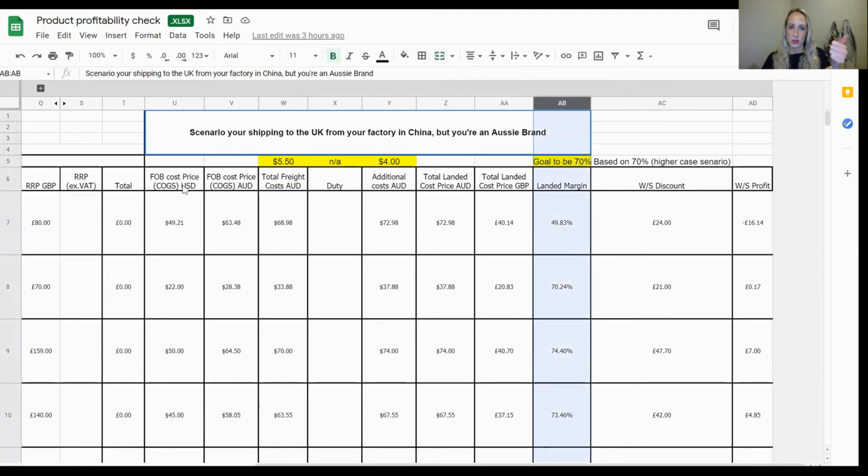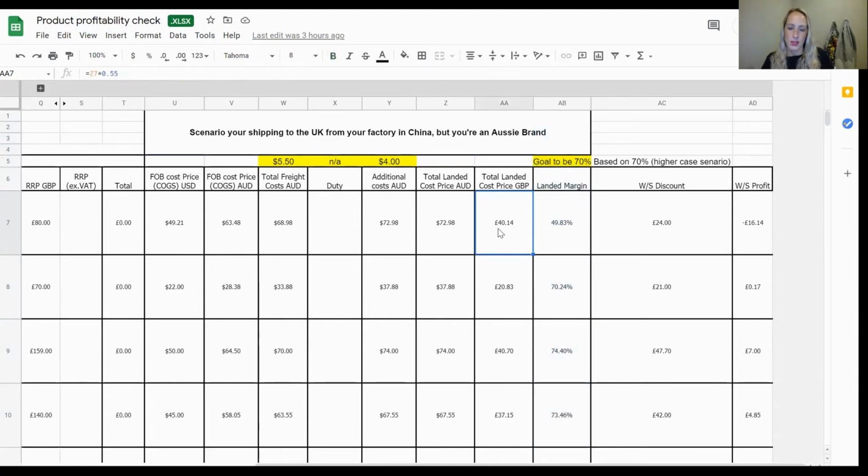So take your cost price, add your freight, shipping costs, duty, in this case, it's not applicable, additional costs, packaging, labels, etc. And then actually calculate the total cost of that individual style, that shirt, Carly shirt. This is the total cost it's going to cost you to make it, to ship it, to deliver it.